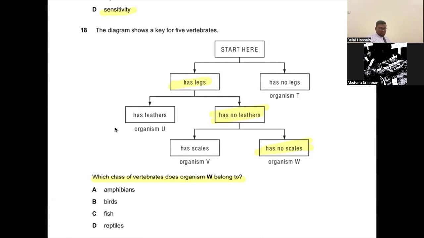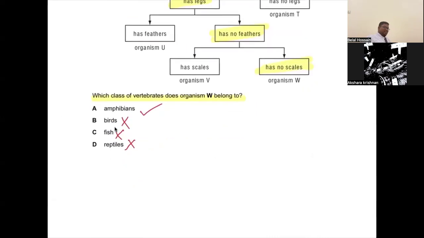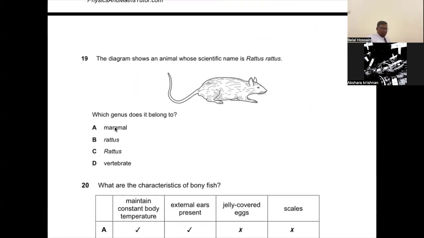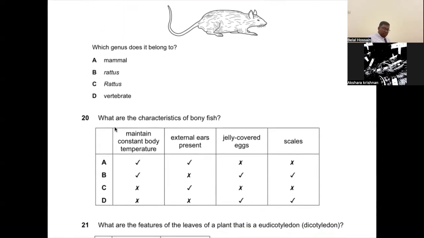Because birds do have feathers and they don't have legs. Fishes don't have legs. Birds have feathers. Fish don't have legs. And reptiles have scales. Very nice. Good thinking. You're doing very well, by the way.